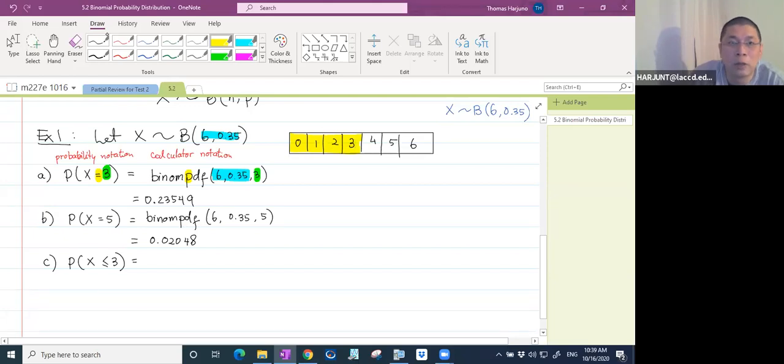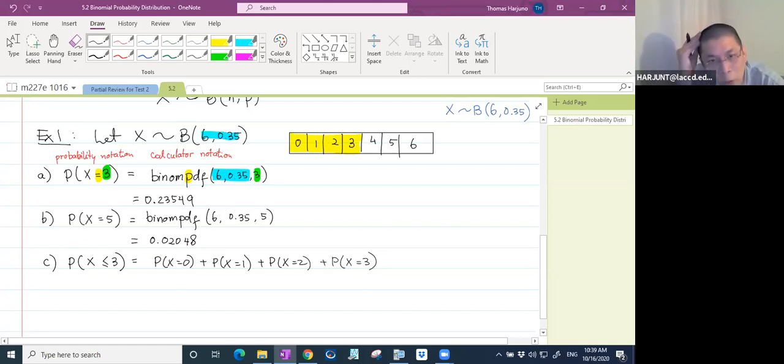So the probability here is actually the same to us: what is the probability to get no tail plus probability to get 1 tail plus probability to get 2 tails plus probability to get 3 tails. That's what we're supposed to compute.